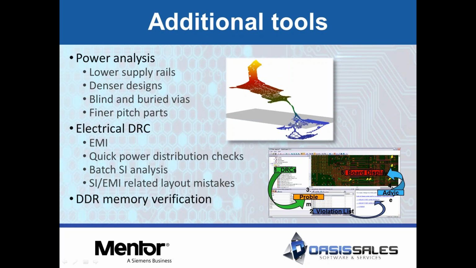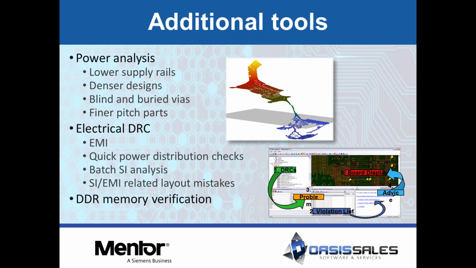And if you're trying to pull 2 amps into a microprocessor or something, and you only have about 10 mils of copper getting into that device, you're going to have a DC drop in your plane area, and it's going to cause problems. I'll guarantee you 100%. So looking at the plane structures on boards now is becoming something more and more people need to do. And this is very, very simple to do with HyperLynx.